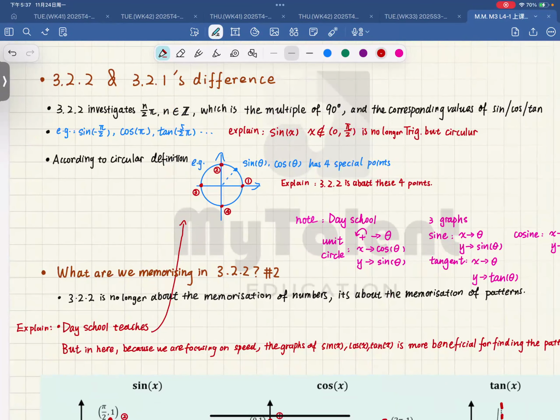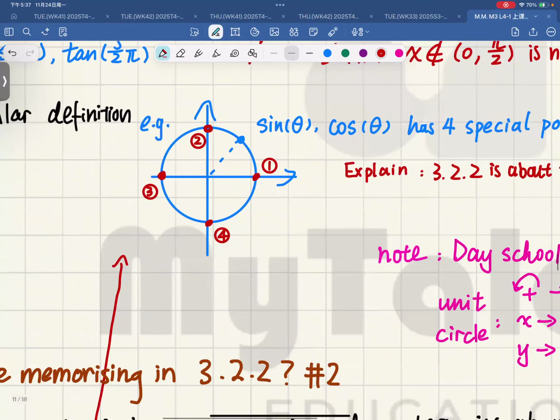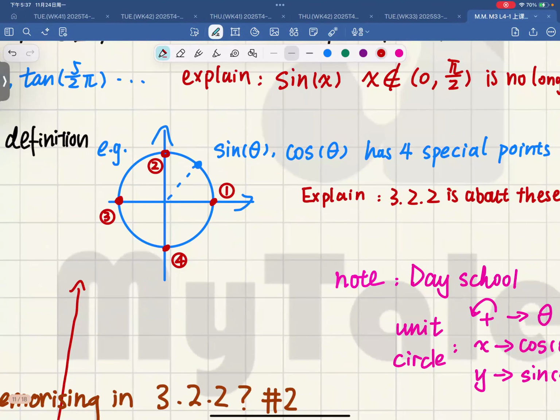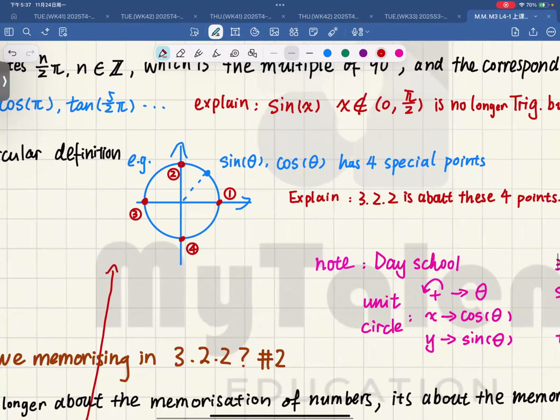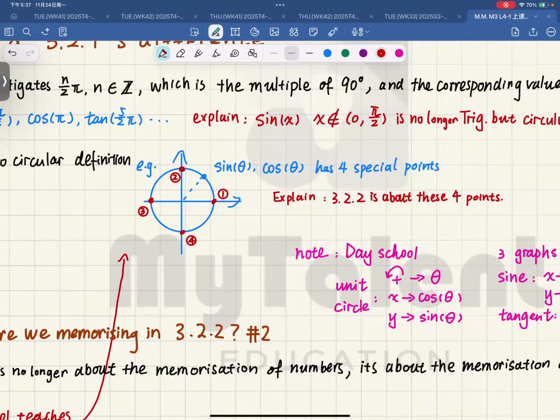For the next part, we're going to focus on 90 degrees. So that's the unit circle. I believe you guys are familiar with this unit circle. We have number 1, number 2, number 3, and number 4. We just focus on sine and cosine. Don't worry about the tangent too much.